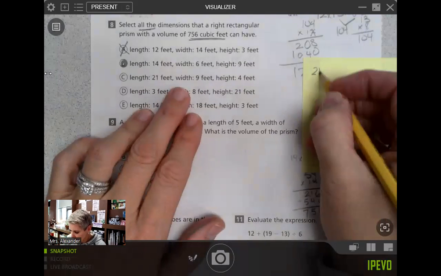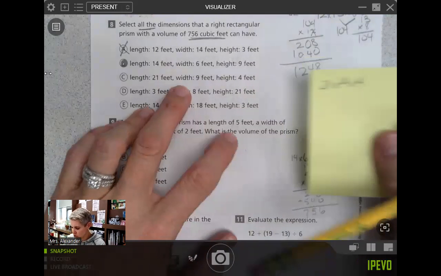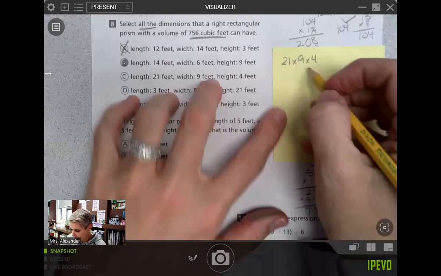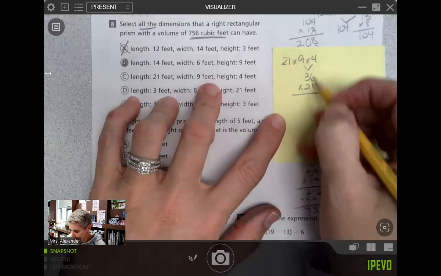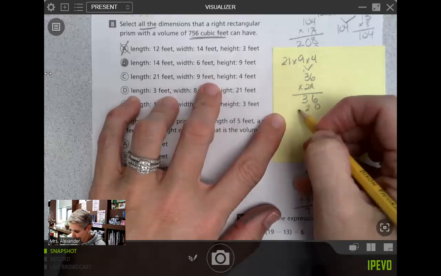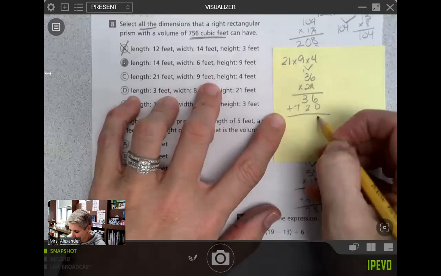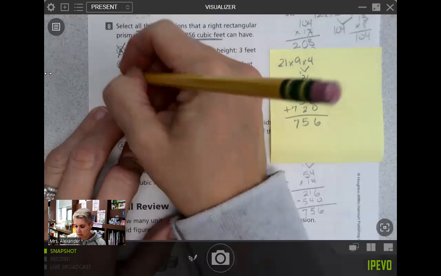21 times 9 times 4. That's our next one to check. I have 9 times 4 is 36 times 21. So when I do that, I will get, oh, another good one, 756 cubic feet.